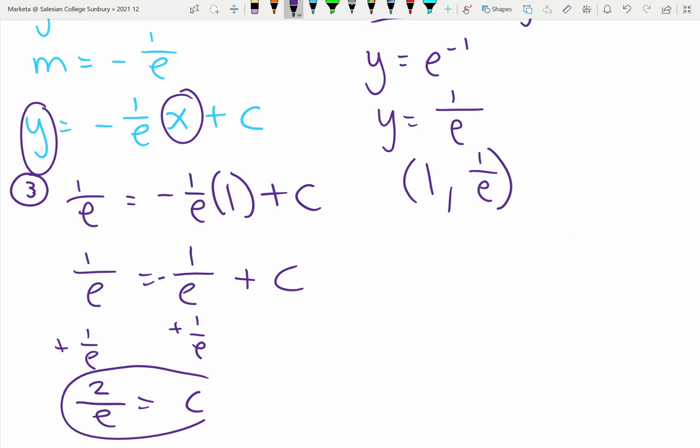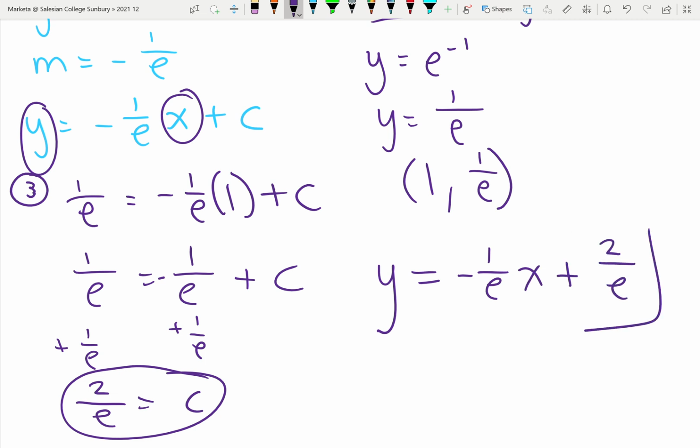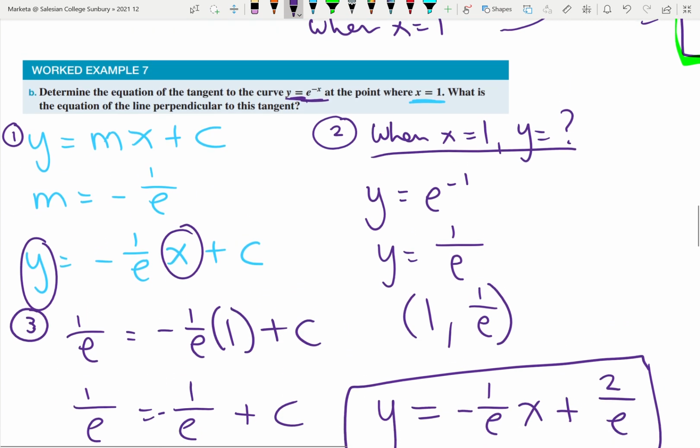Now that we've got the c value, we can state the equation of the line: y equals m, which is negative 1 over e, x plus c, 2 over e. That's our equation for the tangent which passes through that curve.